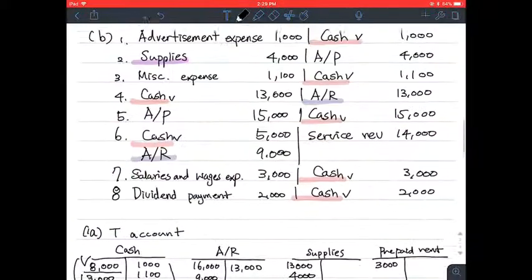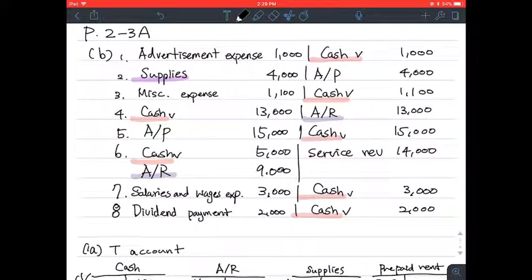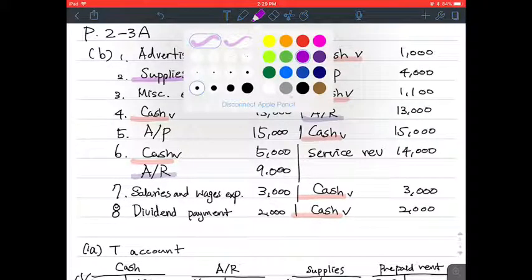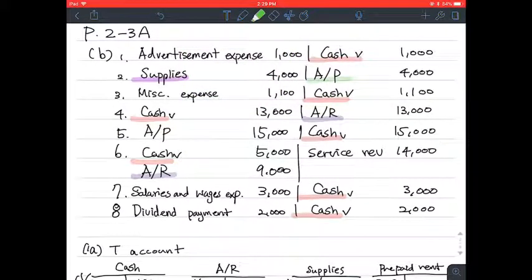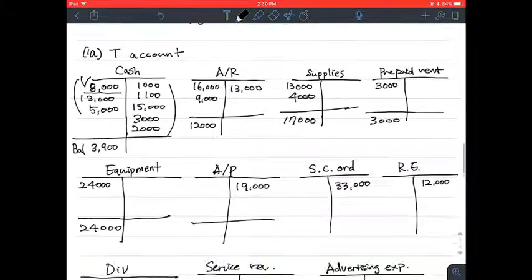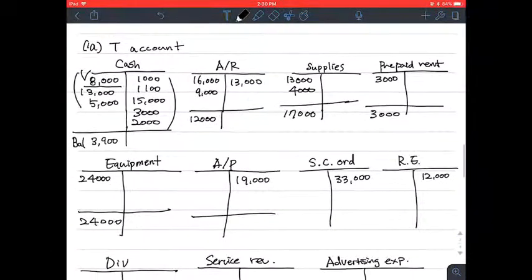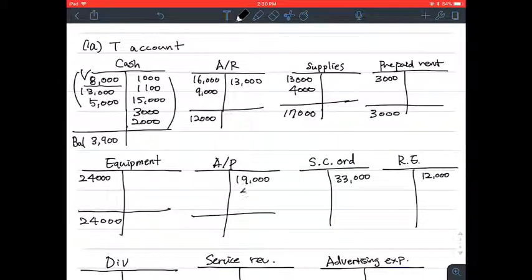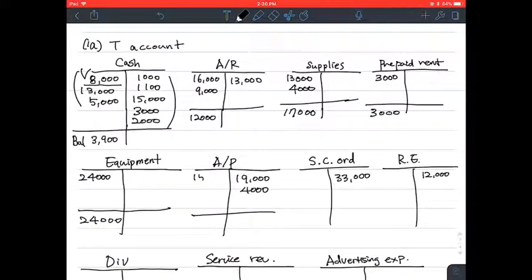Account payable, there should be several. Here there is account payable 4,000 on the credit, account payable 15,000 on the debit. So account payable 4,000 and 15,000 should give us a balance of $8,000 on the credit side.